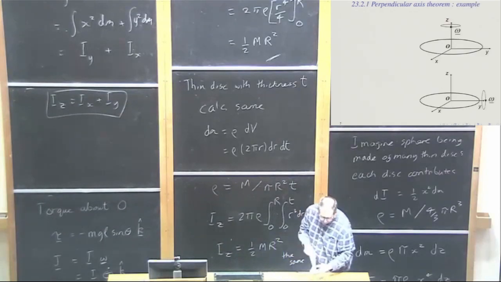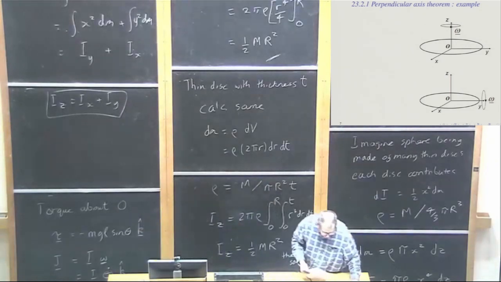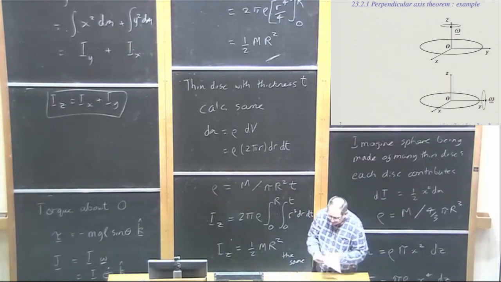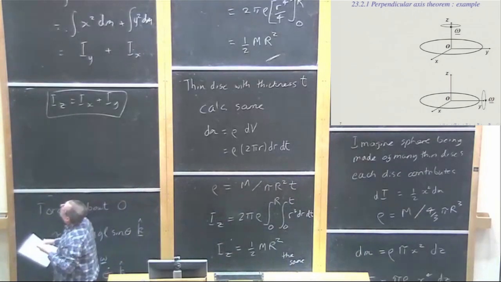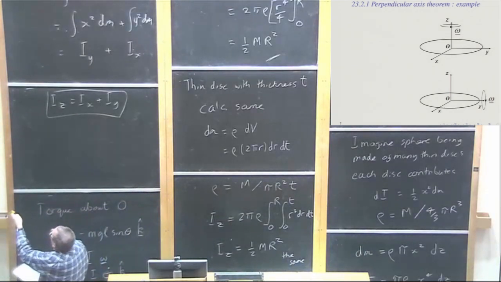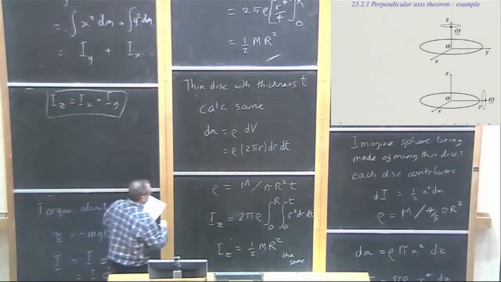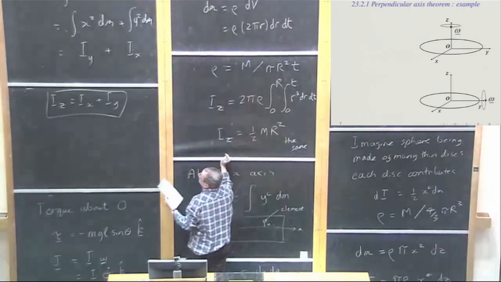So let us show where this can be useful. We already worked out the moment of inertia of this disk, but we did that for an axis pointing upwards, Iz. You remember we got the answer was a half m r squared.